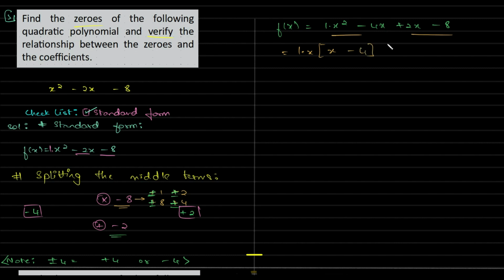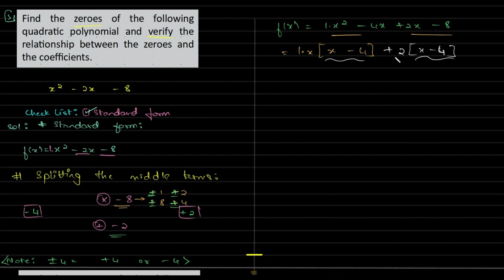For the next two terms, we have 2 common, since we need x minus 4 again. This is what the method dictates: you need to get the same expression in both places. So should we take plus 2 or minus 2 as common? In this case, it's plus 2.